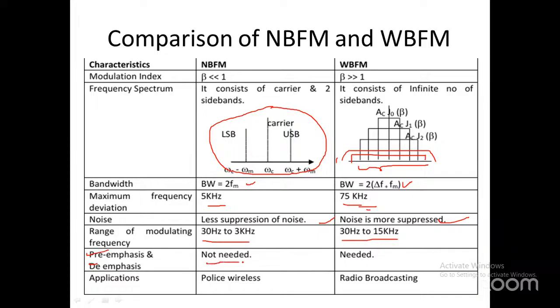For narrowband FM, it is not required. That is the reason pre-emphasis and de-emphasis circuits are required for wideband FM. If they are not present, there will be a murmuring noise in the output.